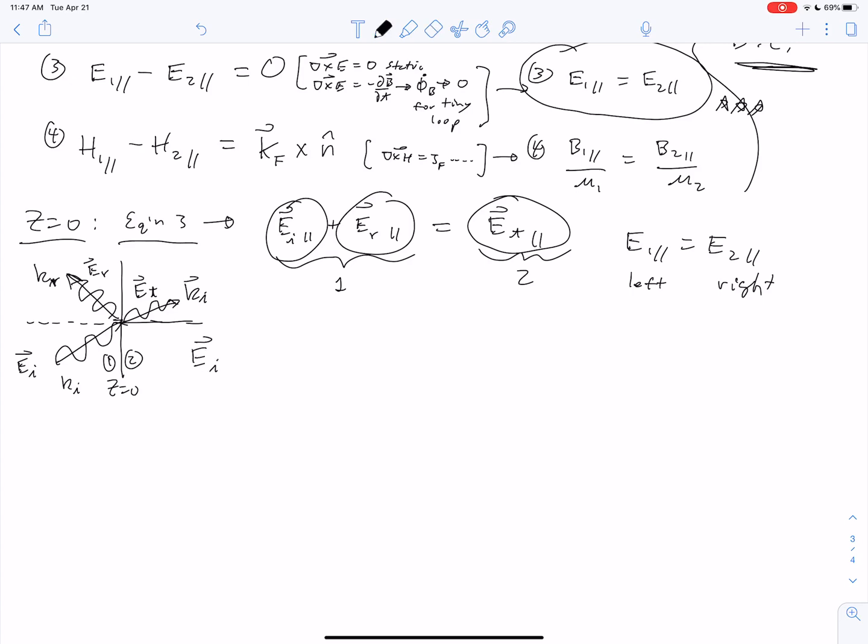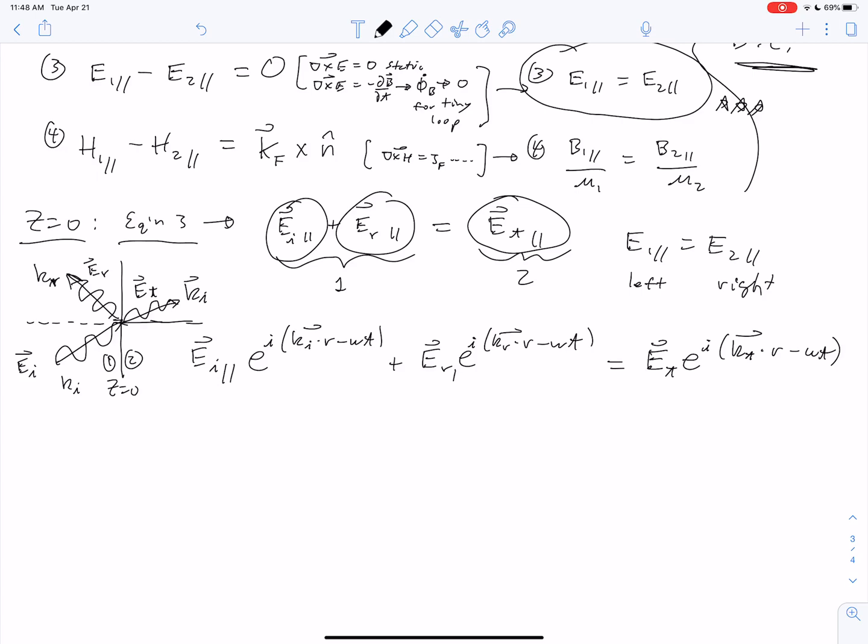E incident parallel on the left side is a wave, e to the i (ki dot r minus omega t), plus the reflected, e to the i (k reflected dot r minus omega t), is equal to the transmitted wave, e to the i (kt dot r minus omega t).